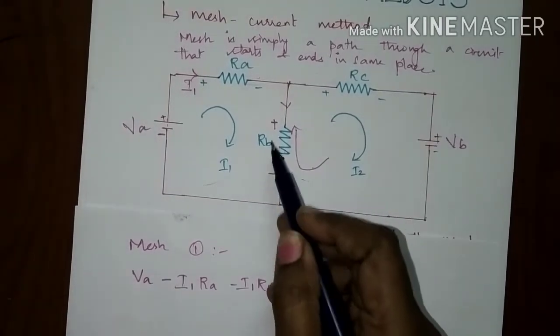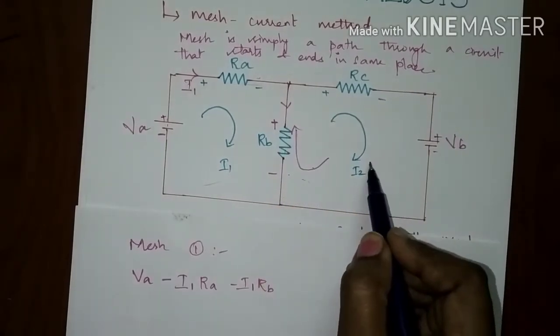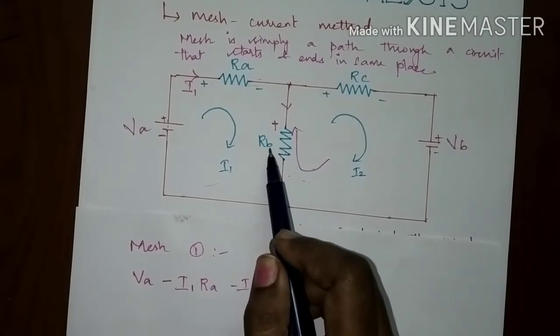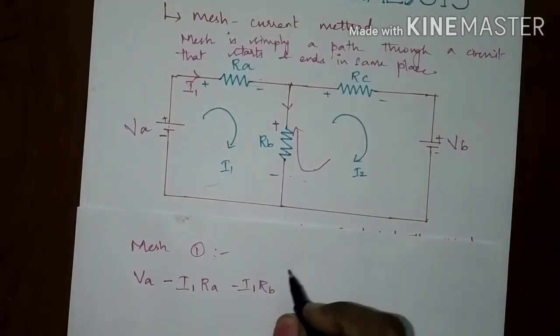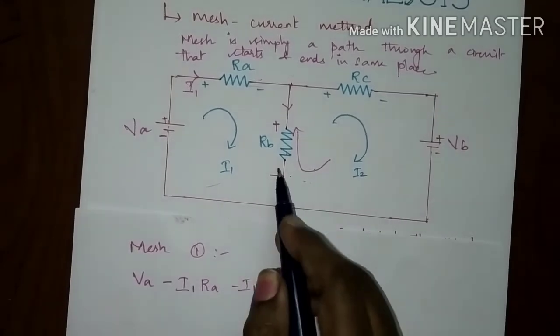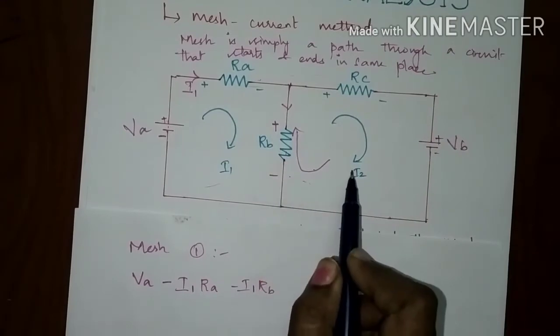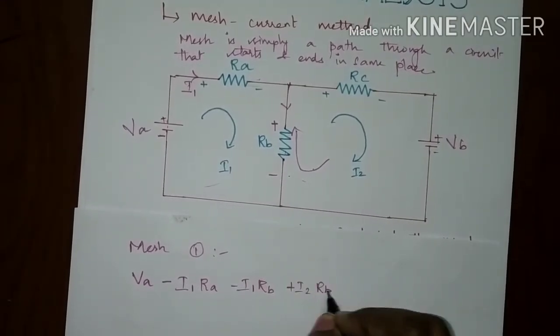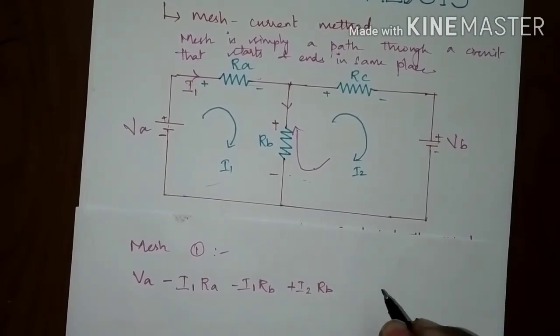So there is a potential rise due to the I2 in RB. This potential rise can be represented by positive value, as I have already discussed. So potential rise is represented as positive I2 into RB. Got it?